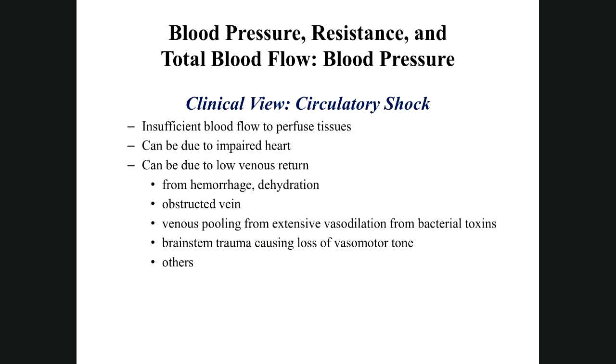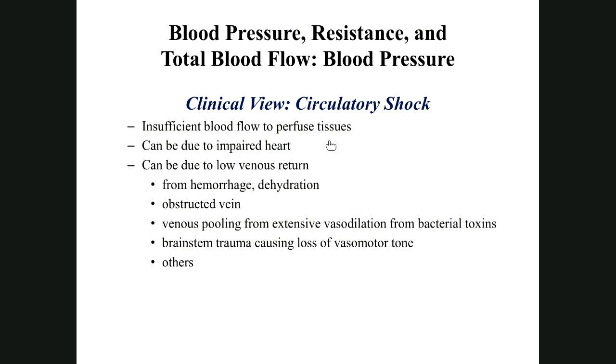Let's talk about circulatory shock real quick before we go into our next section. Circulatory shock means that you don't have enough blood flow to your tissues. Many times it is defined as a loss or misappropriation of 20 to 30% or more of the blood volume.